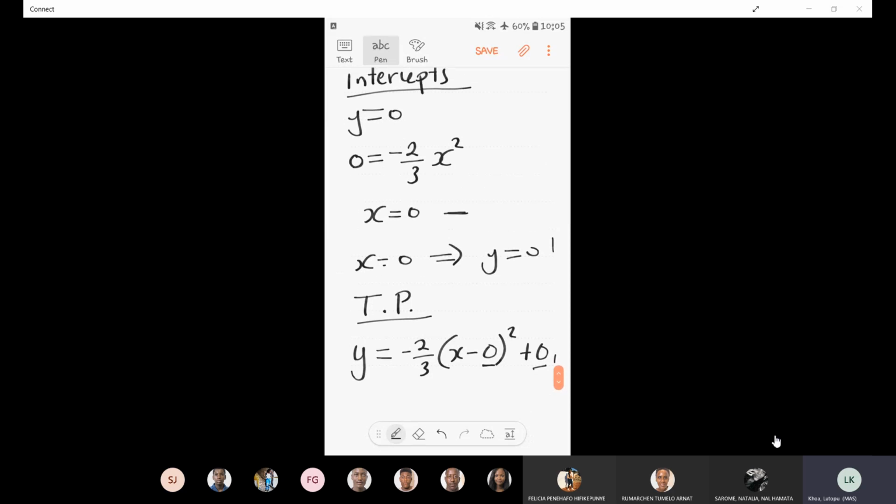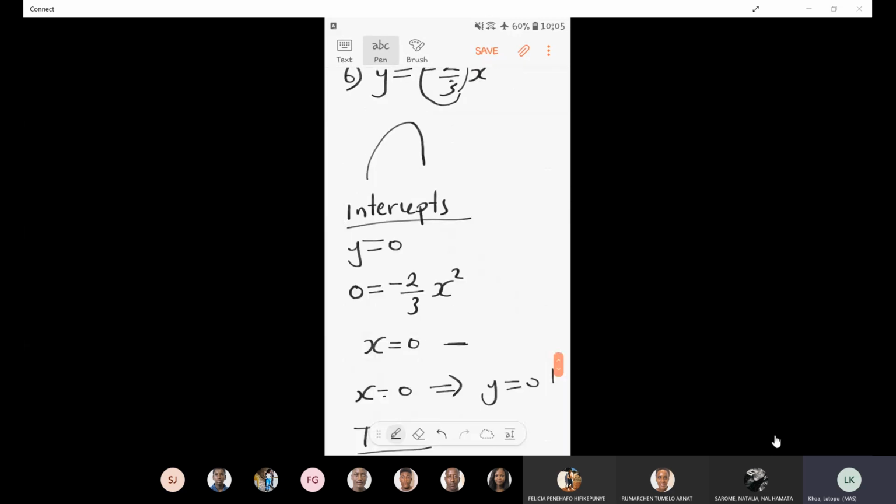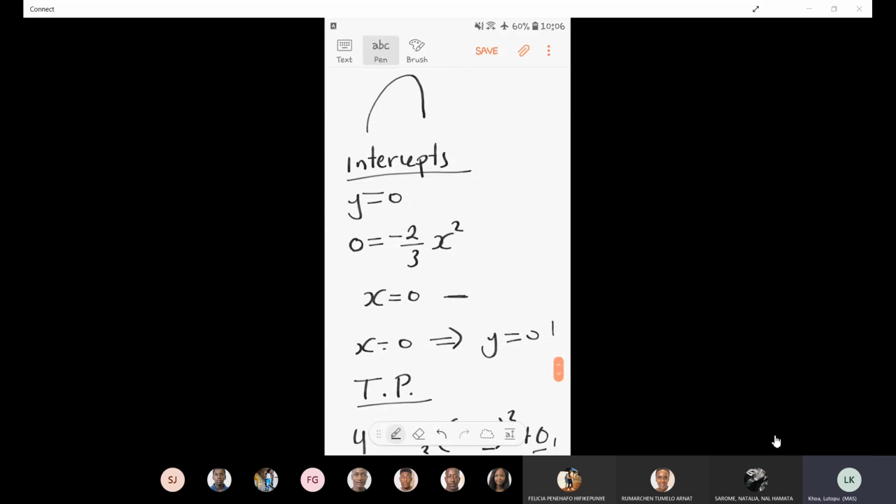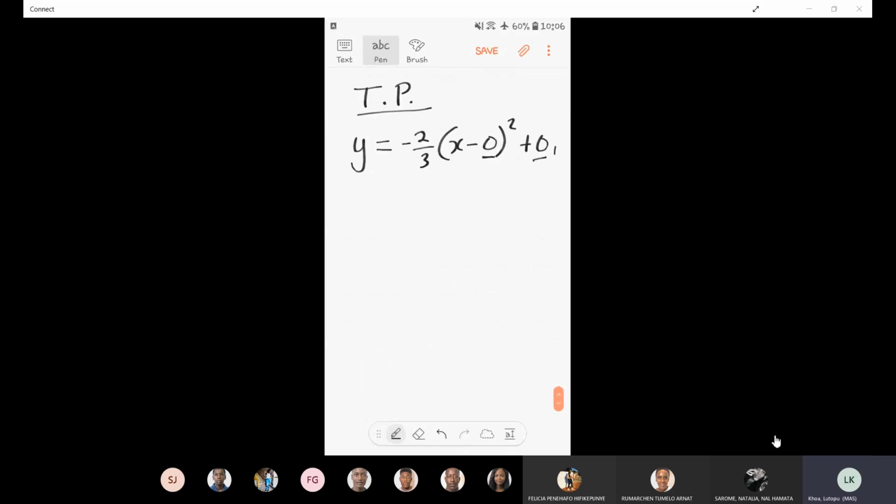So we have everything we need. We have the turning point, we have the x and y intercept, we know which direction it faces. The only thing left is now to just sketch it. So this is x-axis, that is my y-axis, and then my graph will look like that.